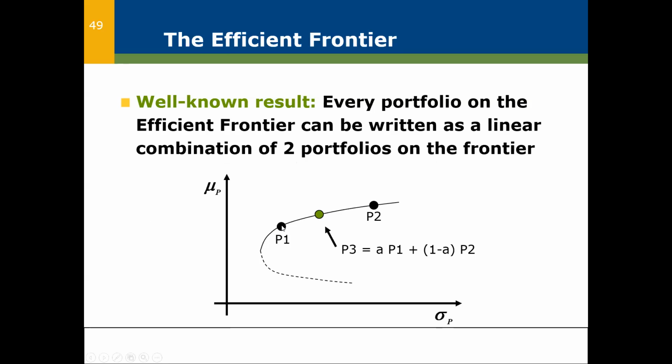And so let's say you're at this green point. What that green point is telling you is that you actually shorted the minimum variance portfolio to buy more of the maximum Sharpe ratio portfolio. Since there's no risk-free asset, you use the minimum variance portfolio as effectively your source of borrowing. So you're shorting this portfolio and buying more of the maximum Sharpe ratio portfolio to extend you onto there.